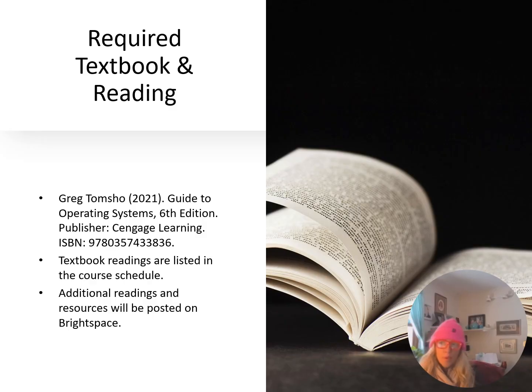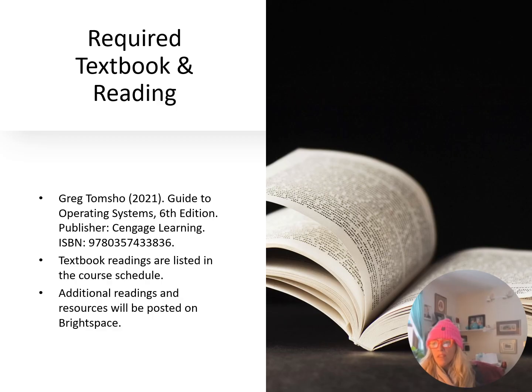So your required textbook is Greg Tomsho's Guide to Operating Systems, and you can get that through Cengage. You can rent the book. There are 2 versions. You can get the hard copy, but that's a rental, I think. But if you get the e-copy, it's cheaper, and you just rent it for, I think, the semester.